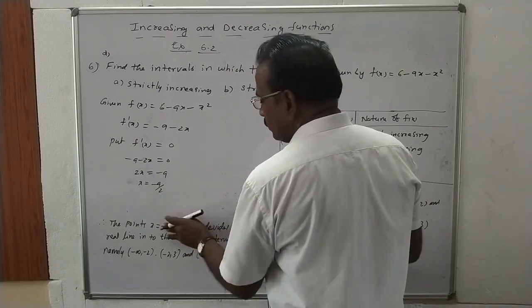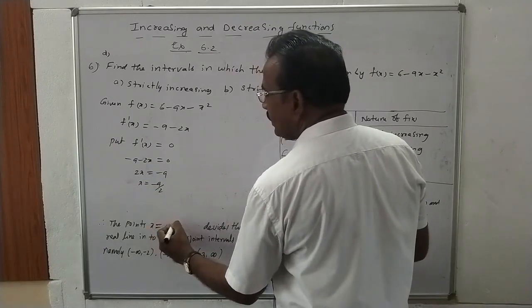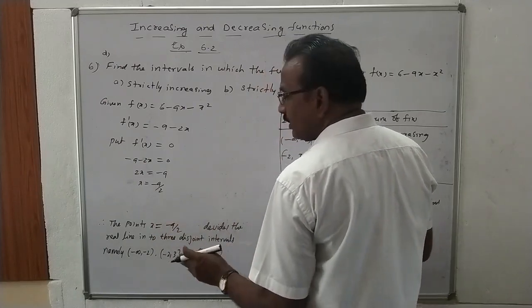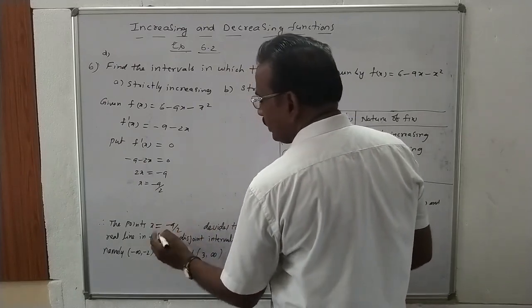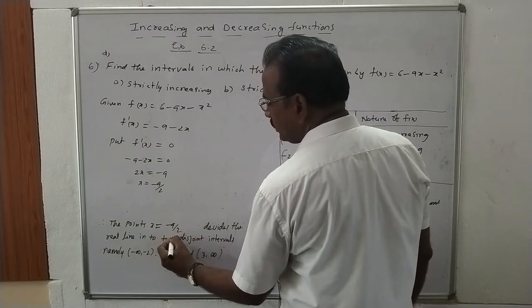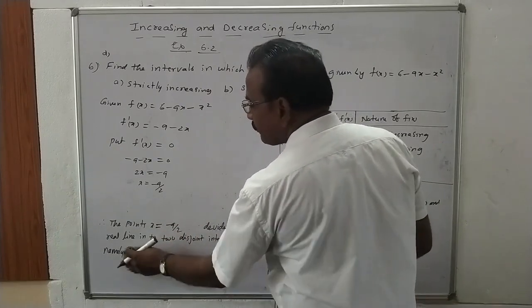The point x is equal to minus 9 by 2 divides the real line into 2 disjoint subintervals.